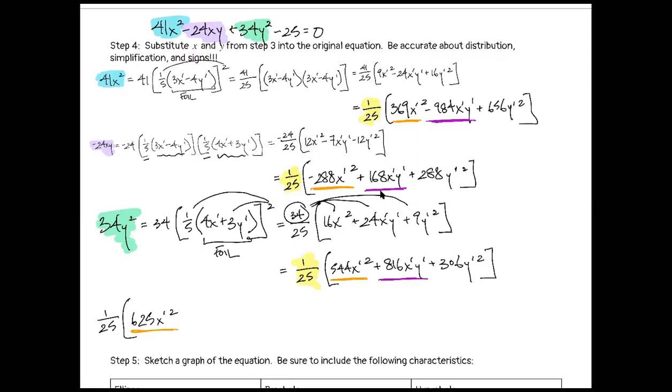We should be getting 0 x prime y prime, and that's a really good indicator that you did it correctly, okay? And last but not least, we collect our y prime squared. So 656 plus 288 plus 306 is going to give me plus 1250 y prime squared.